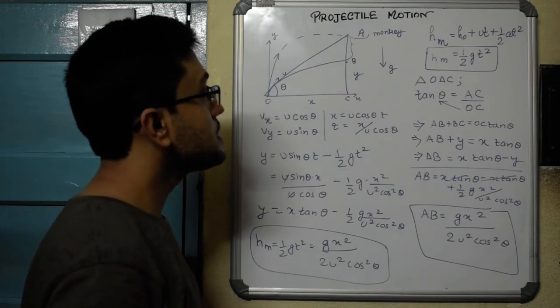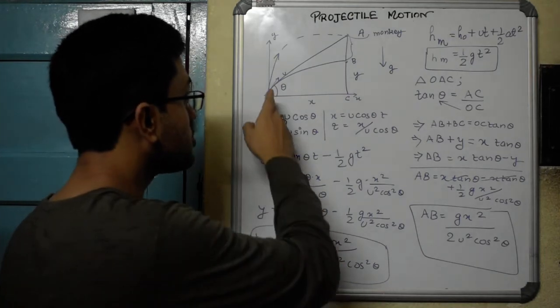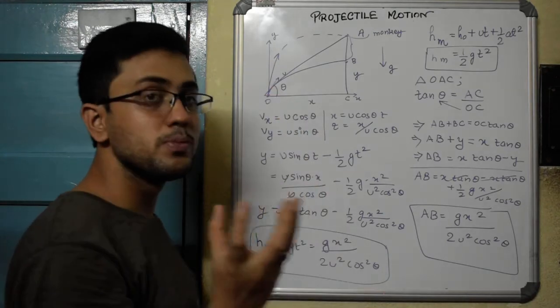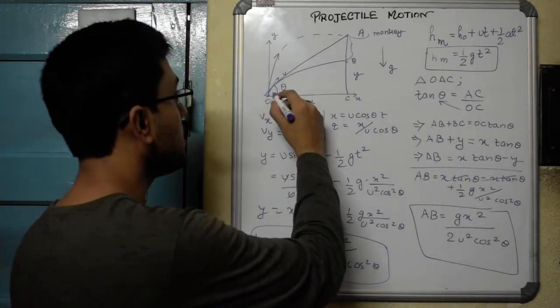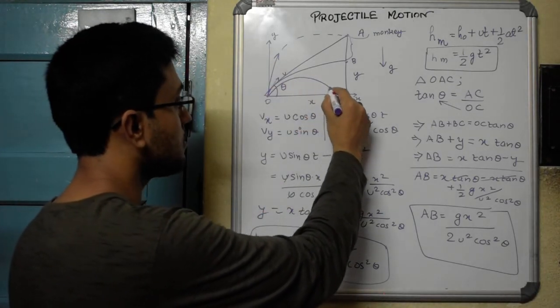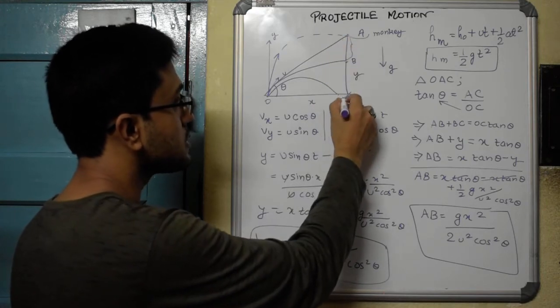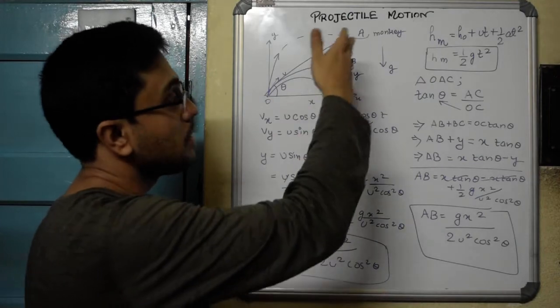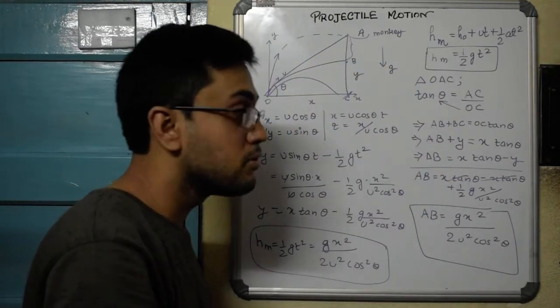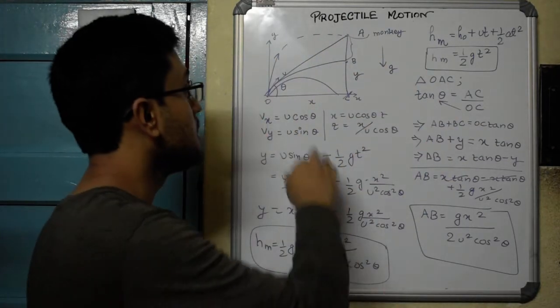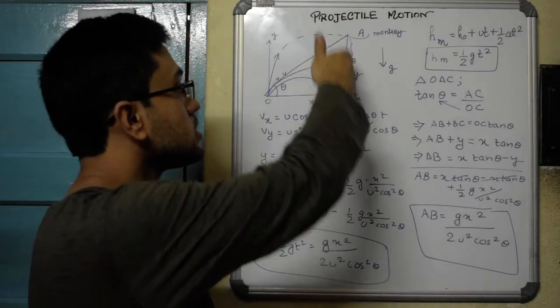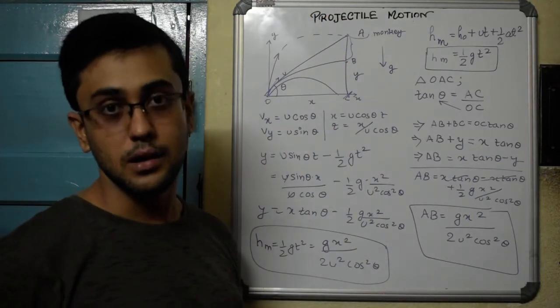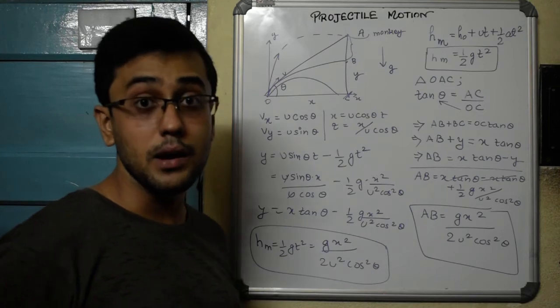There is one limitation in this, and that is when you shoot it, the value of u should be sufficient. If u is small, then what will happen is it will come down and bend even before this point C. In that case, even if the monkey lets go at the same time as you fire the bullet, it's not going to hit, because your range is not enough to reach the path along which the monkey, or in this case our prey, is falling.